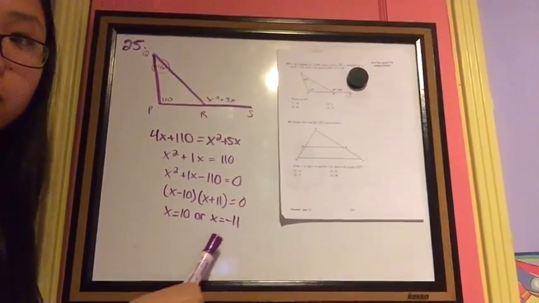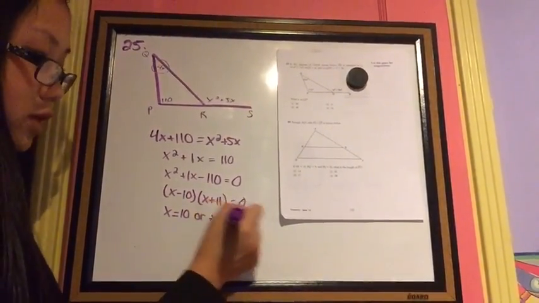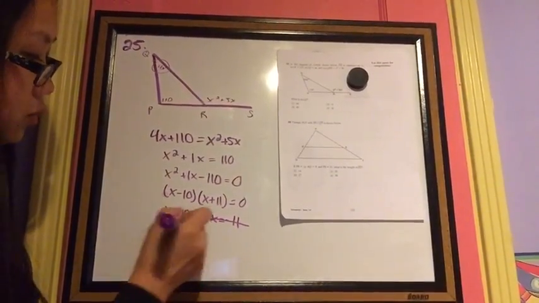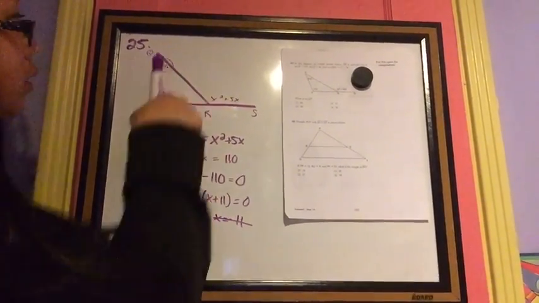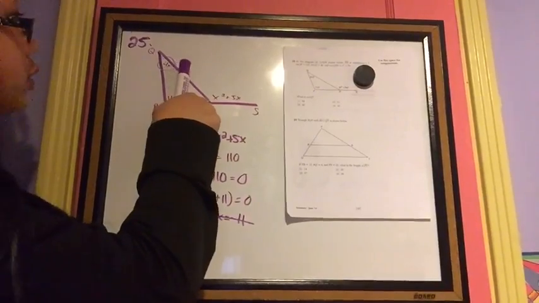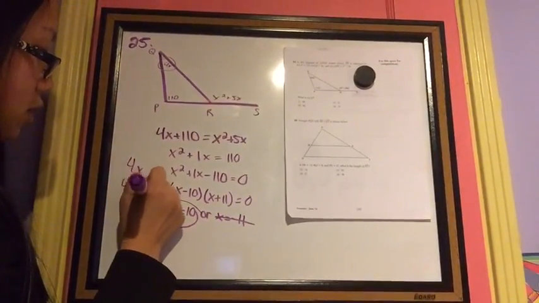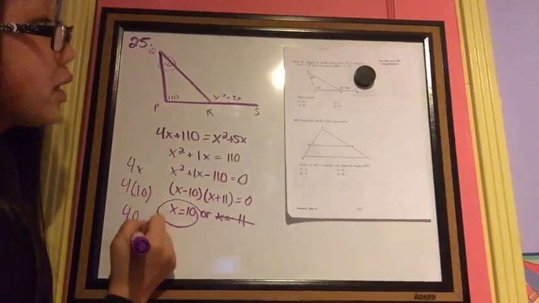And we cannot have a negative angle measurement, so that's out. So x equals 10. And this is asking for Q, which is 4x. So 4x is equal to 40, which is answer number 2.